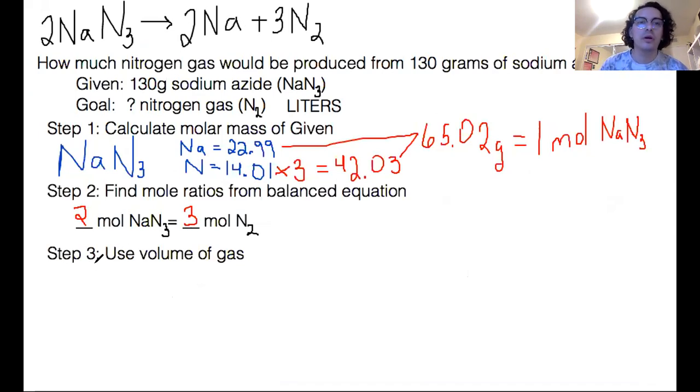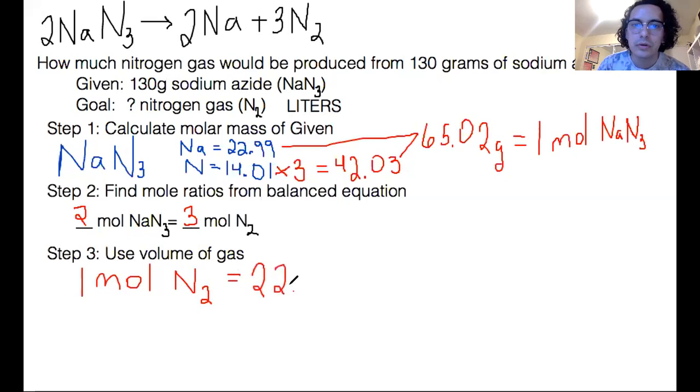So 1 mole, for our goal N2, equals 22.4 liters.